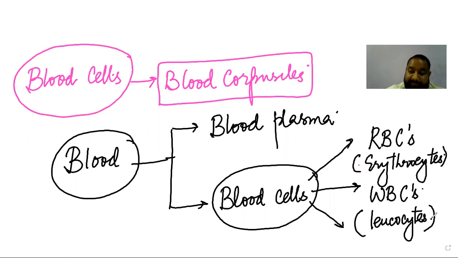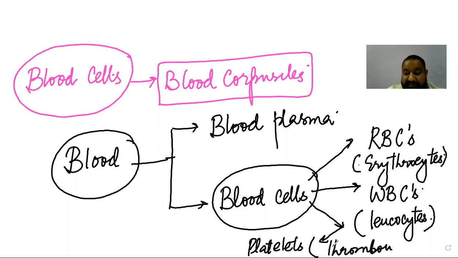And the third type we have is the platelets, also known as thrombocytes. All these three types of blood cells are formed in the bone marrow.